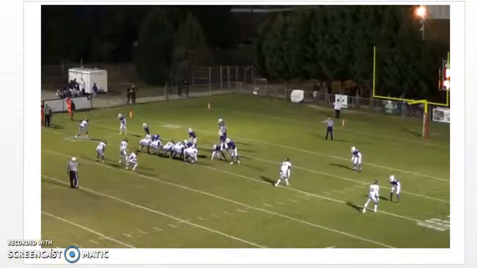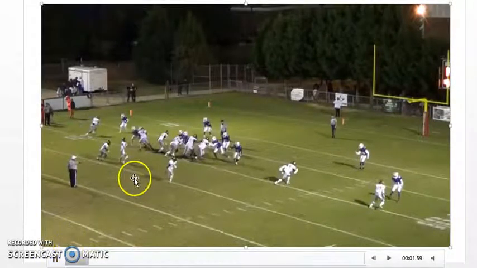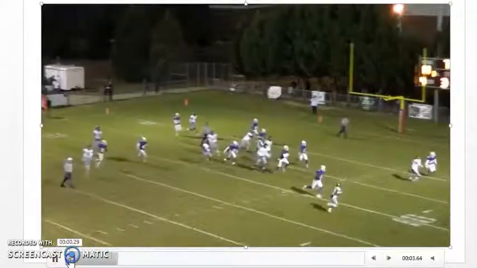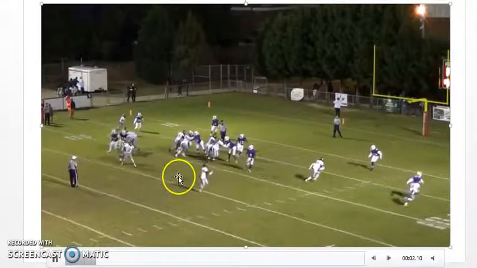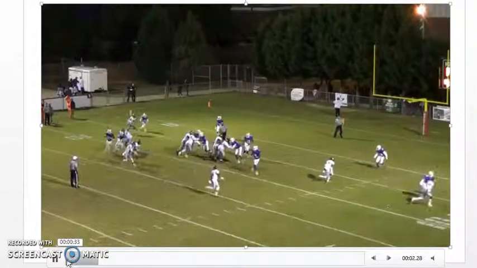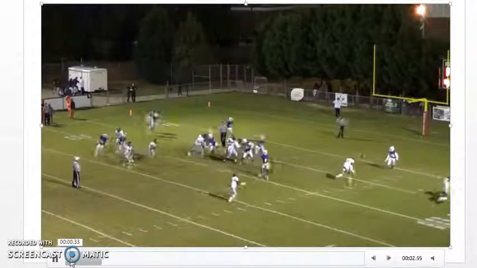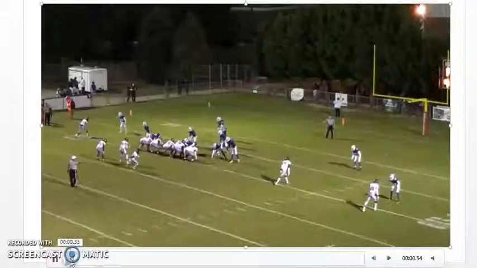All right, now we have a situation where instead of the backside running back going out, now it's going to be the front side. Front side running back releases, and you see it happens very quickly. Right before the snap, he gets about three steps of motion in, and that's all he needs if you have a fast player. And you can see what the defense was doing.